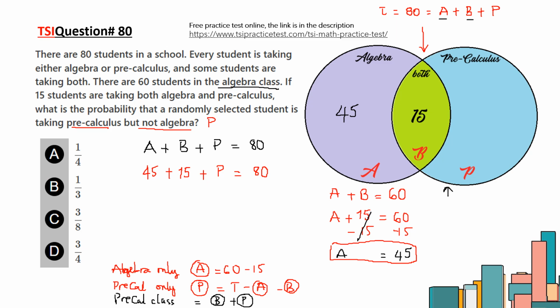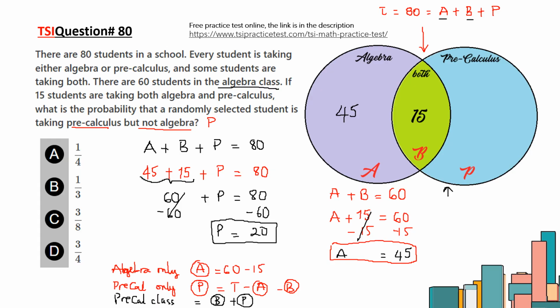Make sure you read the question carefully and solve for what they ask. In this case, the algebra class is 60, plus P equals 80. Now subtract 60 from both sides, and we have P equal to 20.